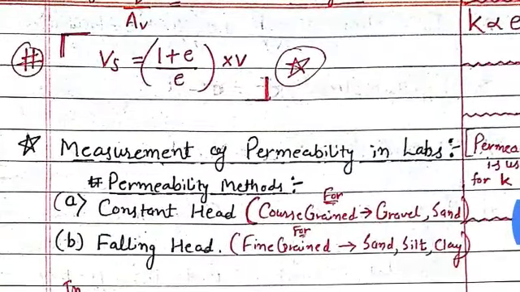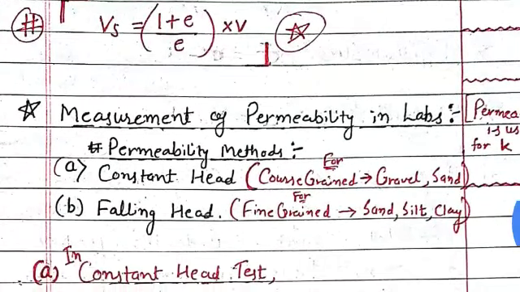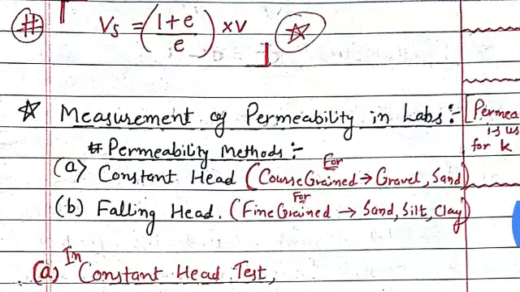Next one is measurement of permeability in labs. There are mainly two methods of permeability: first one, constant head; second one, falling head. Constant head method is used for coarse grained soils like gravel and sand, and falling head is used for fine grained soils, that is sand, silt and clay.